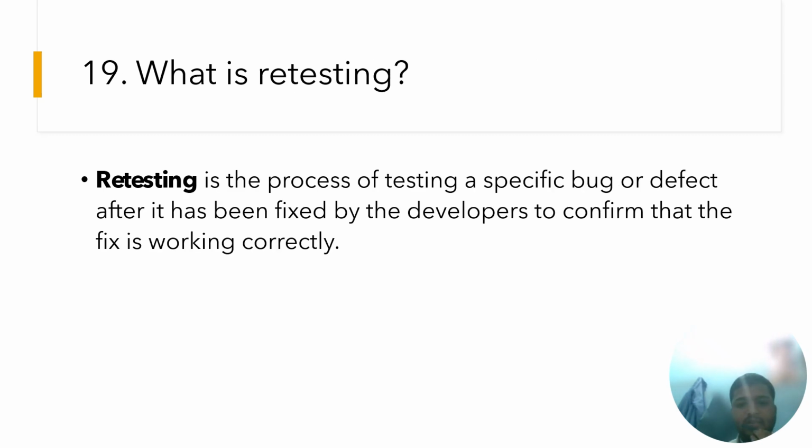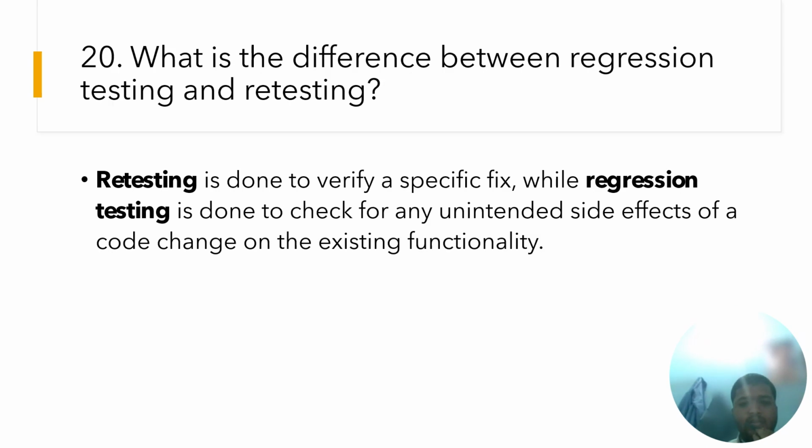Retesting is the process of testing a specific bug or defect after it has been fixed by the developer to confirm that the fix is working correctly. What is the difference between regression testing and retesting? Retesting is done to verify the specific fix, while regression testing is done to check for any unintended side effects of the code change on the existing functionality.